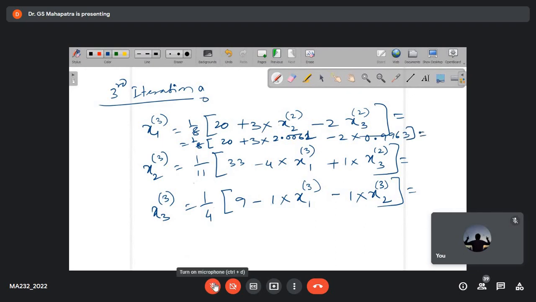Here it is 1 by 11. Should write in a different color. 1 by 11, 33 minus 4 into x1. You tell me this answer first. 3.0032. Fine. So 4 into 3.0032 plus 1 into x32, previous one, it is the same, 0.9963. What is the answer?